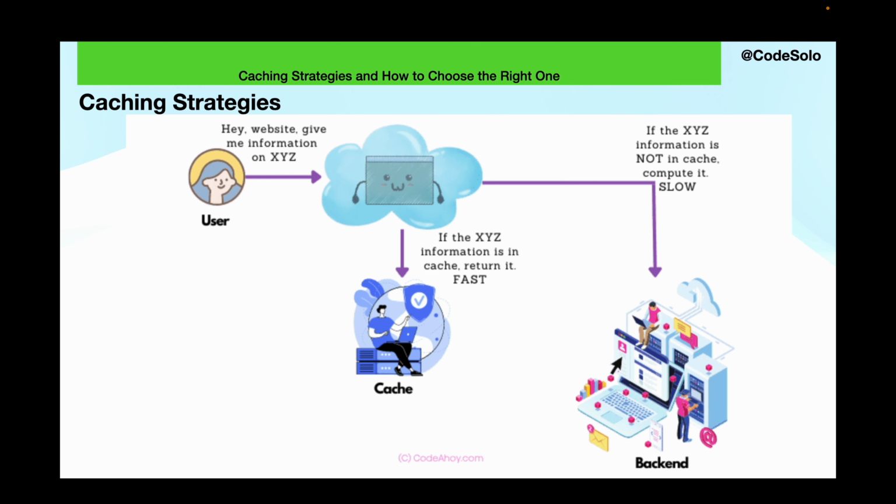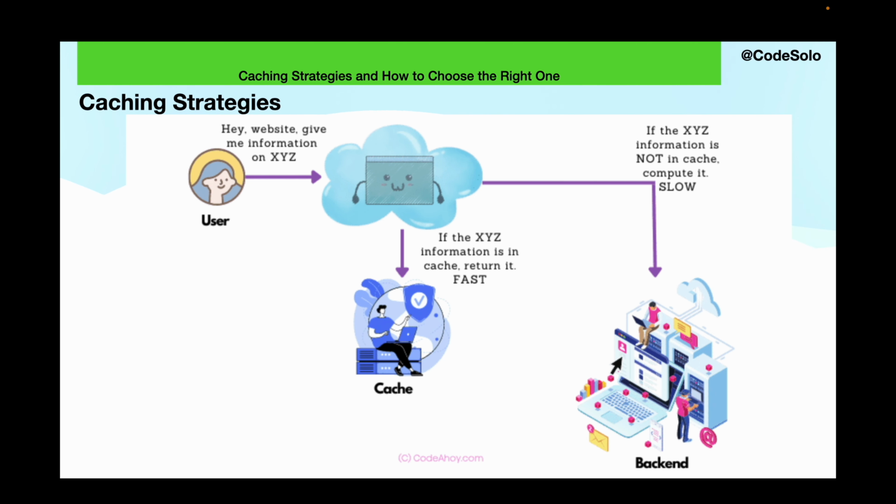Here I have demonstrated with a diagram you can see on my video. There is a user asking, "Hey, website, give me information on XYZ." The website backend will ask for your information from either the backend or the cache. First of all, it will hit the cache and check if XYZ information is in cache, and it will return faster.